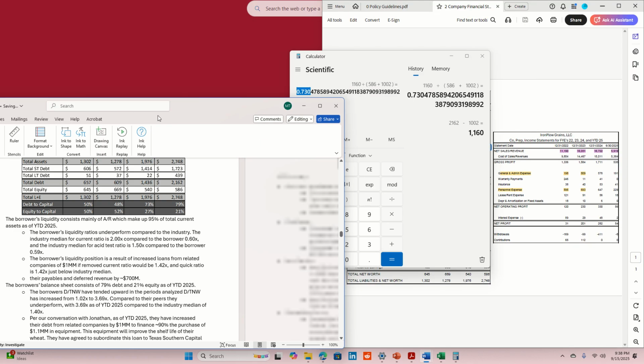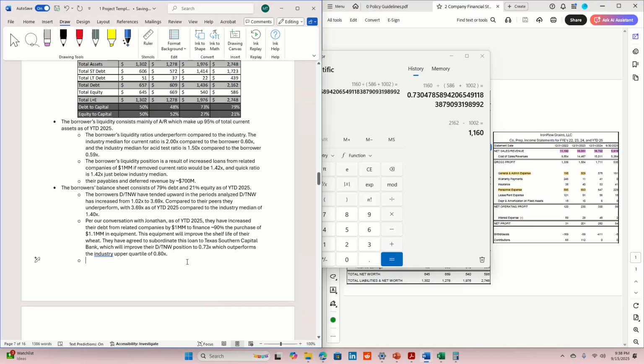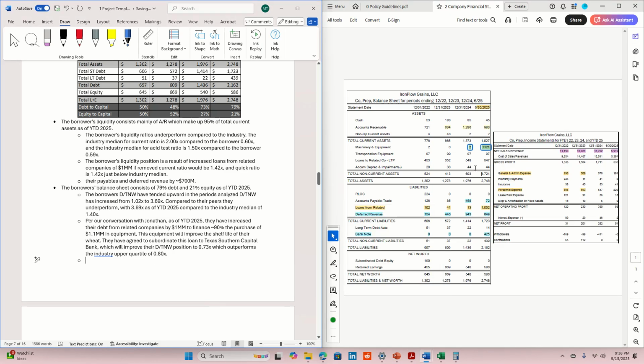Now it's time for the more challenging comments. The more challenging comment is not that we're going to use our imagination, it's that we're going to have to use our analysis skills.